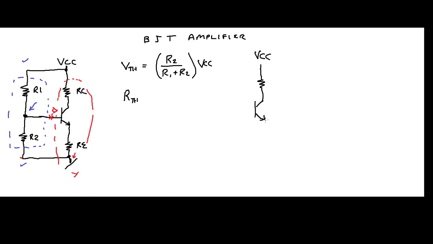Here's your emitter. Emitter resistor. Ground. This will be RE for your emitter resistor. This will be RC. Now, here's your base. And remember, we're looking that way, which means we're looking out this way.